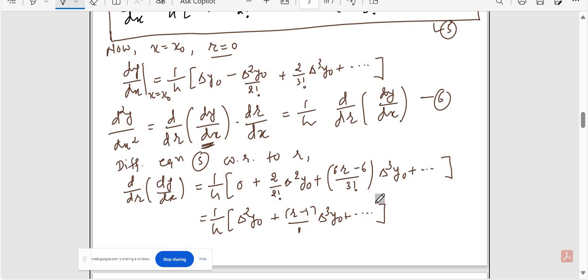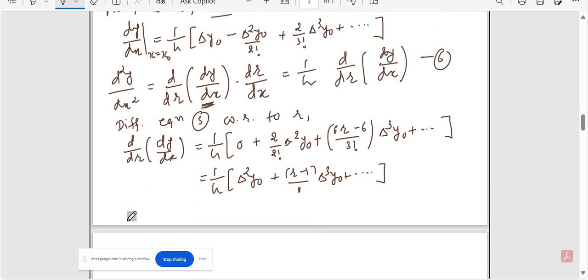Now replace this value in our expression number 6. So we will get the second derivative: d square y by dx square will be 1 by h into 1 by h, so 1 by h square, and the expression will be delta square y0 plus r minus 1 delta cube y0, and continue this way. Okay, done everybody?